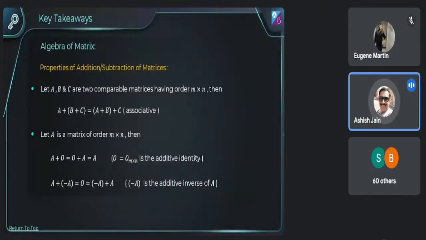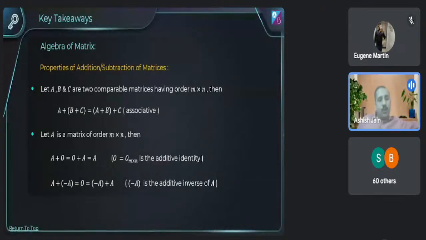That means A plus (B plus C) is equal to (A plus B) plus C. This is called associative law or associative property of addition. This is not valid in subtraction.